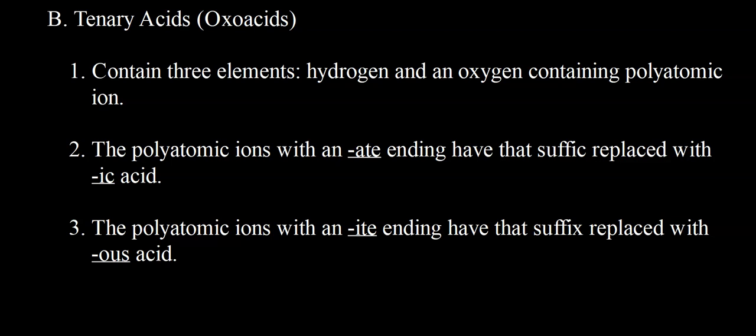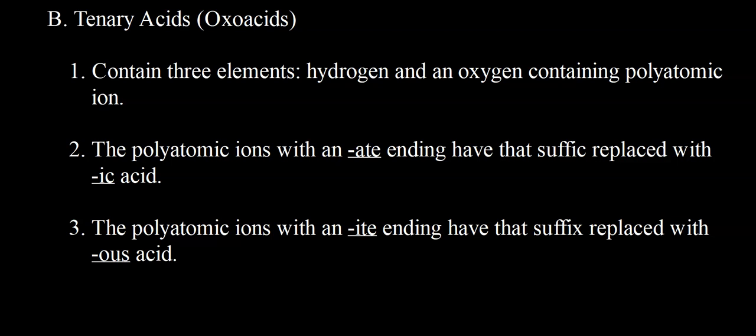If you ate an acid, it would taste icky. So I'm trying to help you remember something here. Ate ions make ic acids. So if the polyatomic ion ends in ate, then the end of the name of the acid is ic acid. Likewise, ite ions make ous acids, O-U-S.